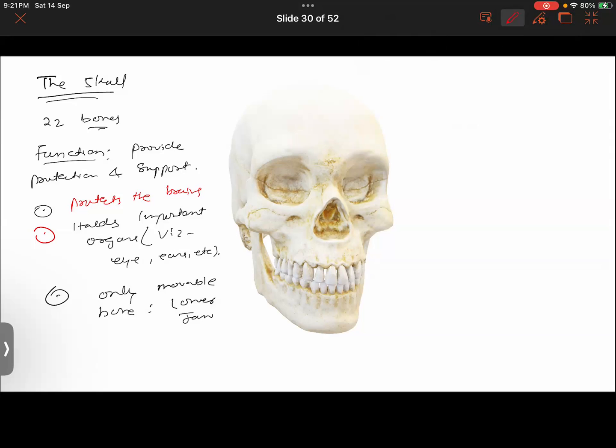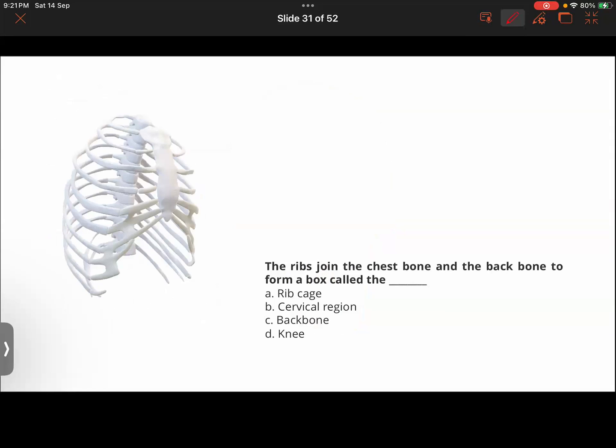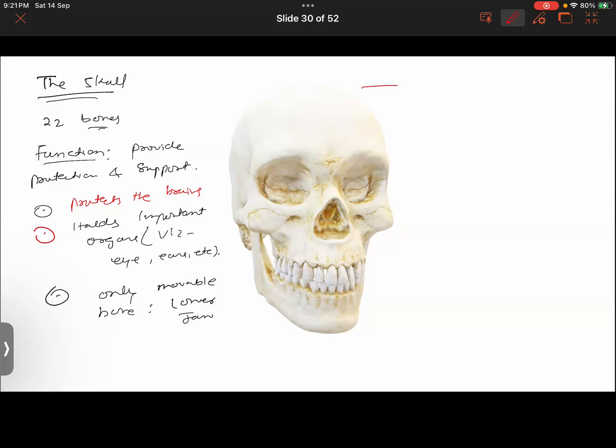Now, the bones in our skull are divided into two parts. The first category is called cranial bones, and the other is called facial bones. There are about 14 tiny bones that make up our face. How many bones make up our face? About 14 bones.